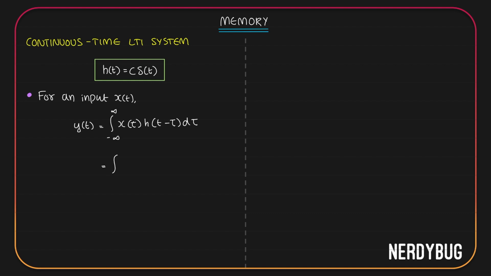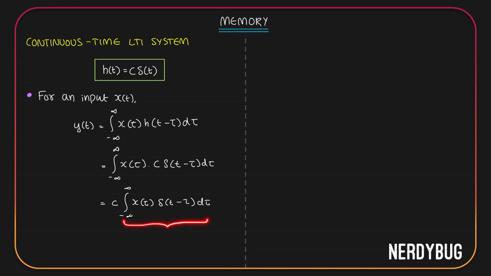This becomes integral from minus infinity to infinity x of tau c delta of t minus tau d tau. C is a constant, we can take it out of the integration. So we get c integral from minus infinity to infinity x of tau delta of t minus tau d tau.